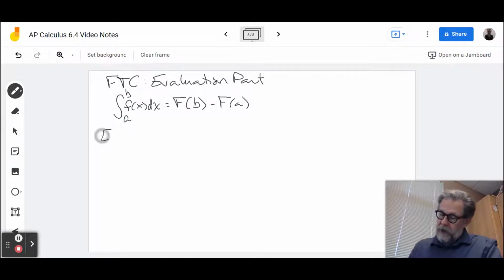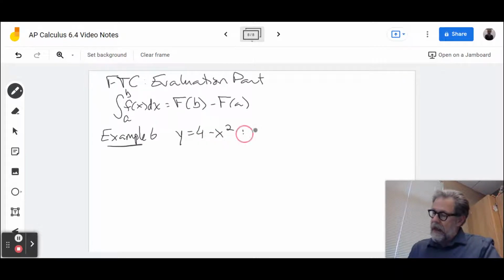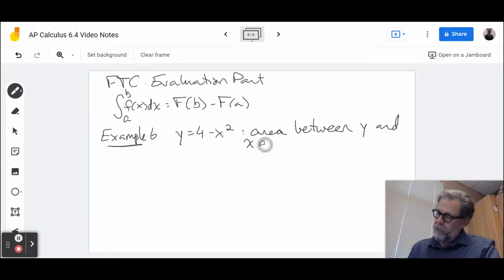And so this is example 6 in this chapter. And let's look at the function y equals 4 minus x squared. We are interested in the area between this function and the x-axis, and we are interested in the interval from 0 to 3.